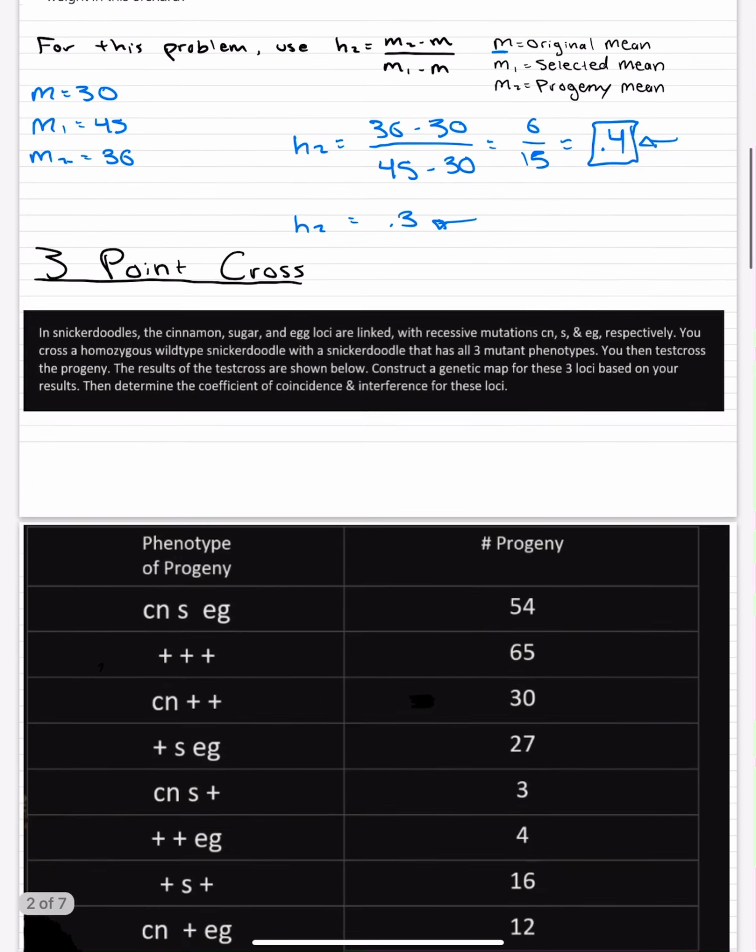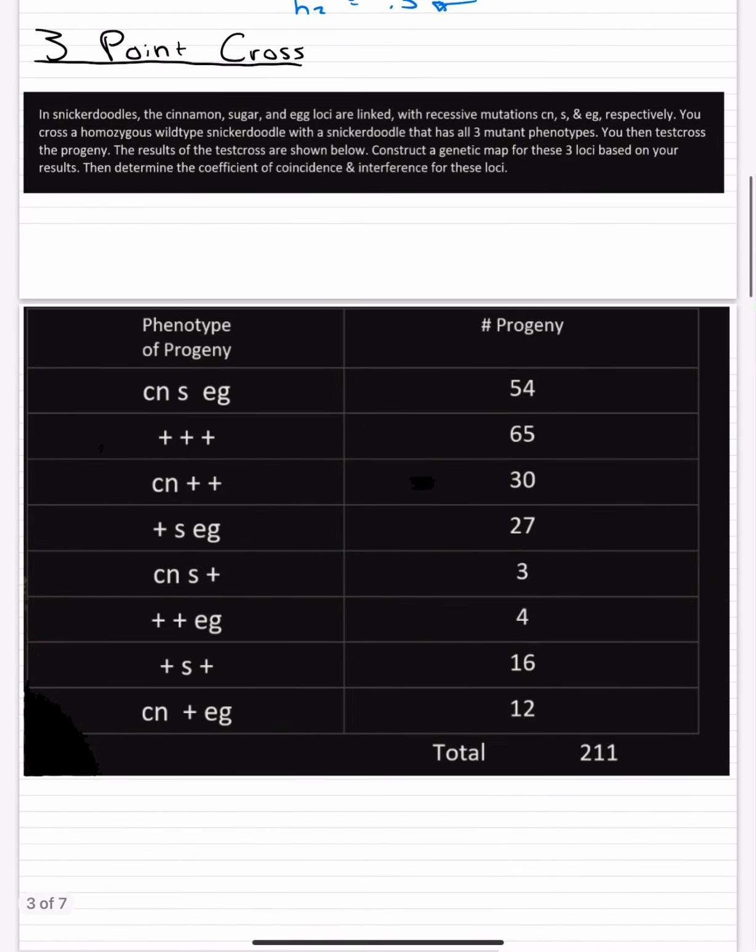Going on to one of the more major topics you guys spoke about, and that is the topic of 3-point crosses. All right, so for this problem, we have cookies as our example. In snickerdoodles, the cinnamon, sugar, and egg loci are linked with recessive mutations C, N, S, and EG respectively.